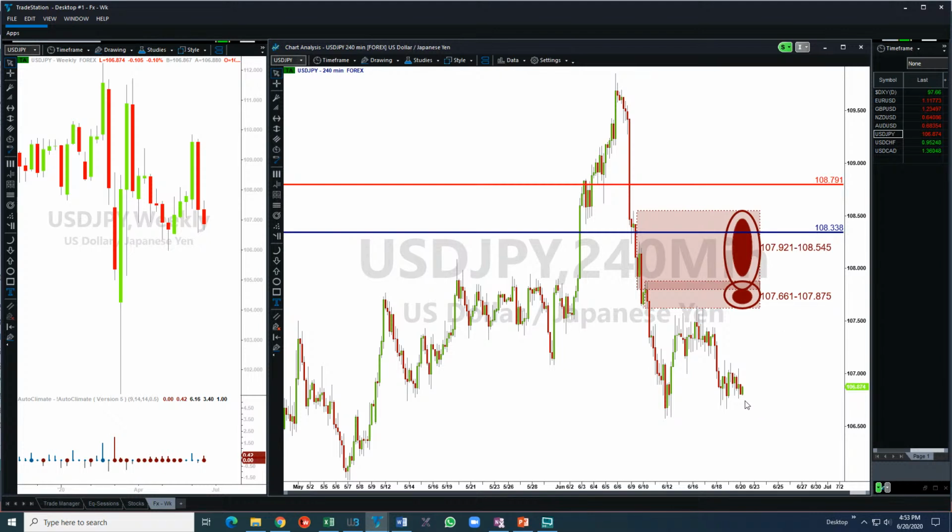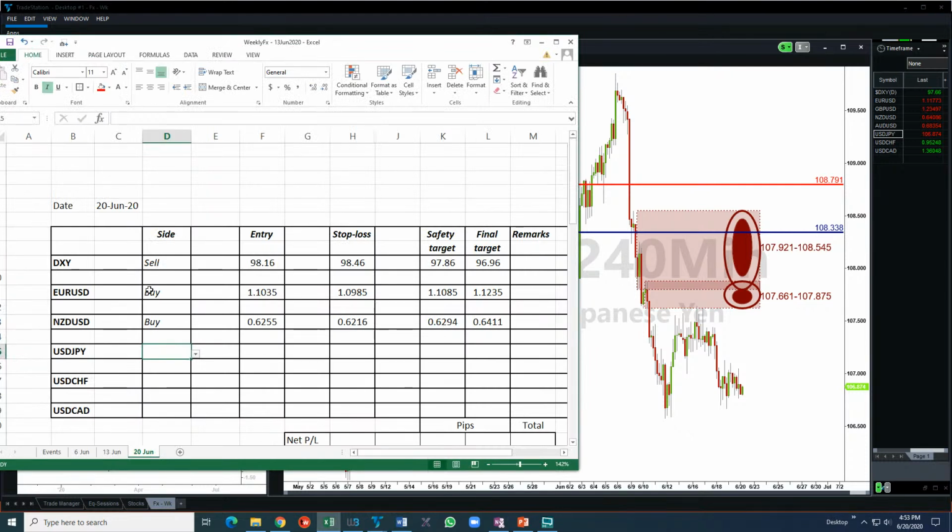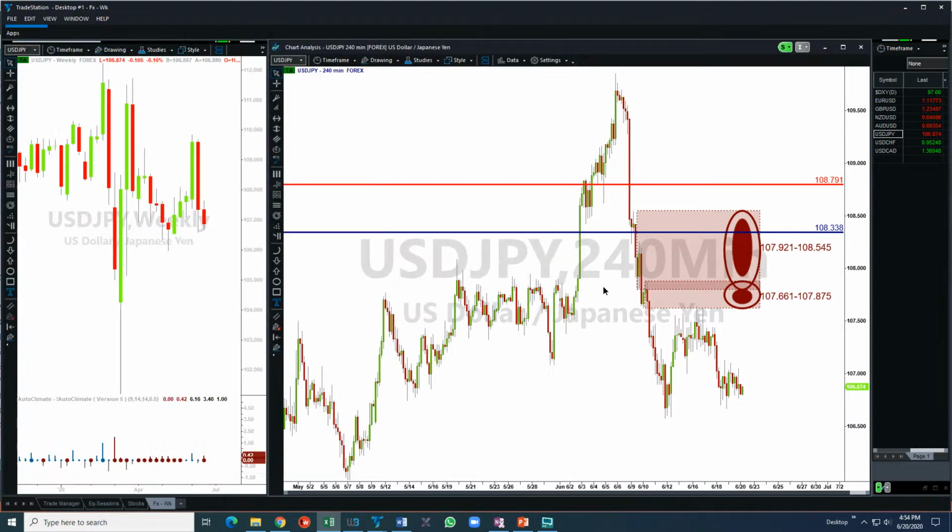That is the direction we're taking on every single trade. For example, on the euro, wherever the USD is the quote currency, we're taking a buy. Wherever the USD is the base currency, we'll probably be taking a sell. So in a sense, they're more or less the same trade.